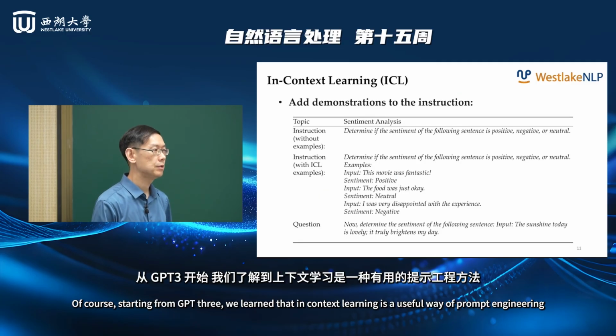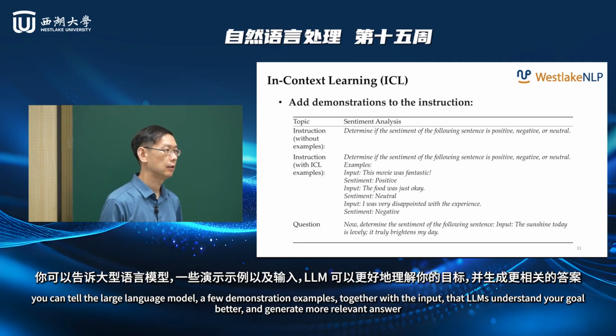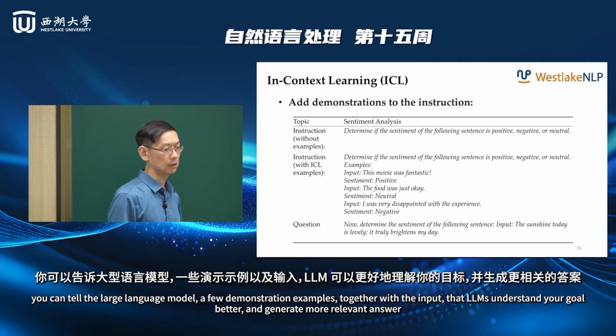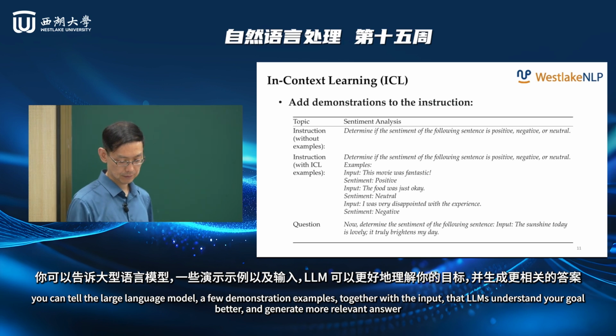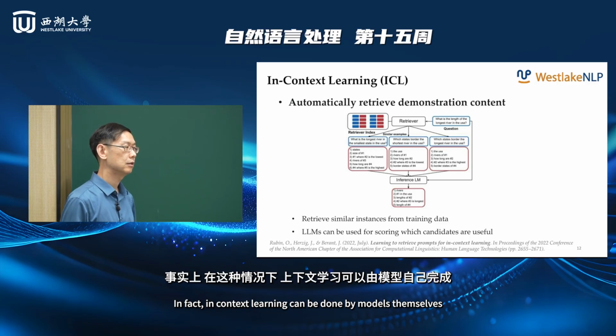Of course, starting from GPT-3, we learned that in-context learning is a useful way of prompt engineering, okay? You can tell the large language model a few demonstration examples together with the input, okay? The LLM will understand your goal better and generate a more relevant answer. In fact, in-context learning can be done by models themselves.